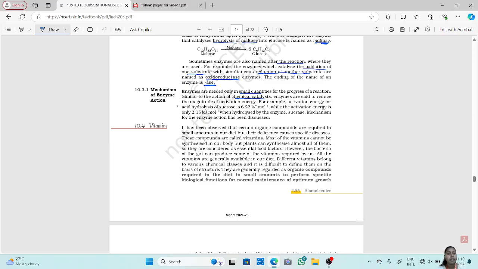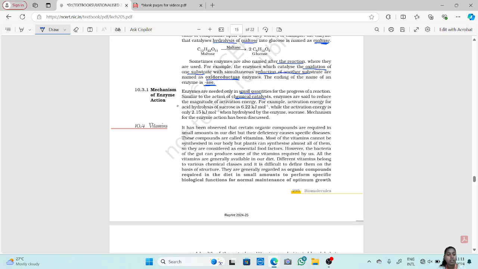The enzymes are said to reduce the magnitude of activation energy. For example, the activation energy for acid hydrolysis of sucrose is 6.22 kilojoules per mole, while the activation energy is only 2.15 kilojoules per mole when hydrolyzed by the enzyme sucrase.